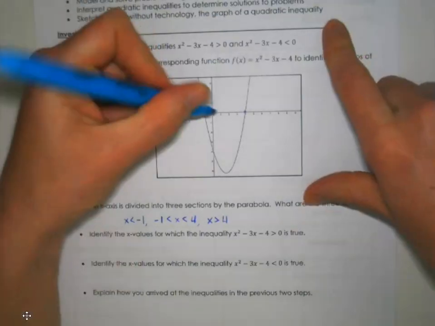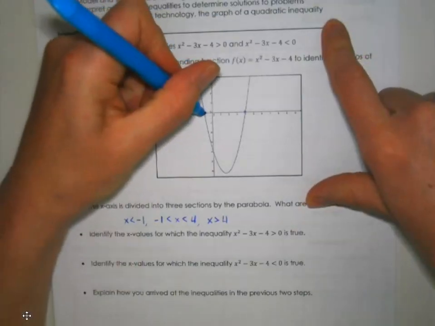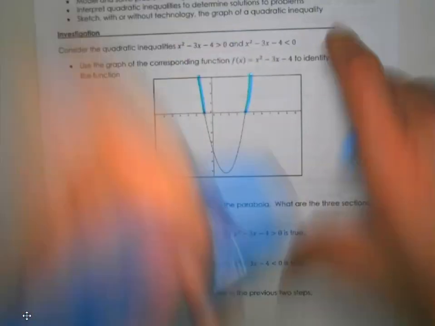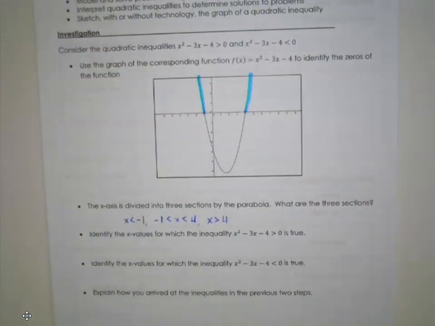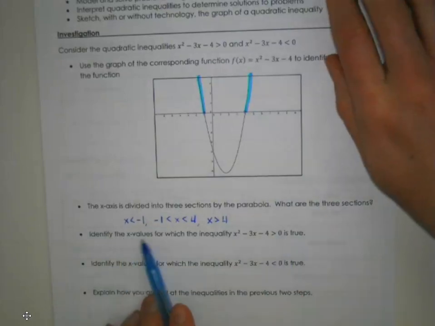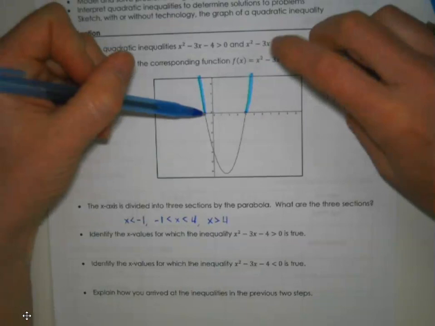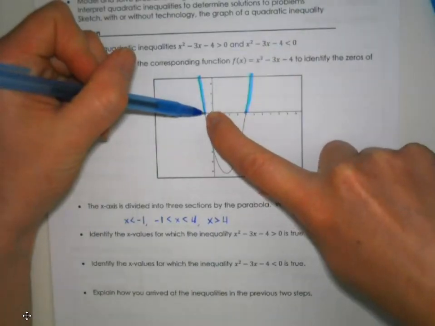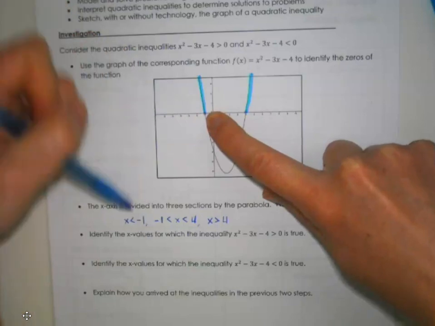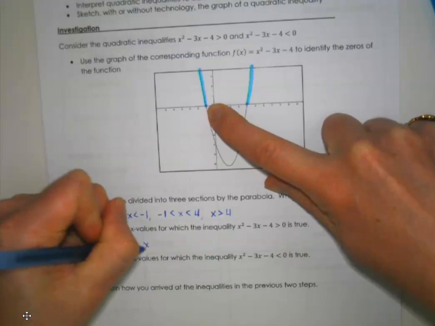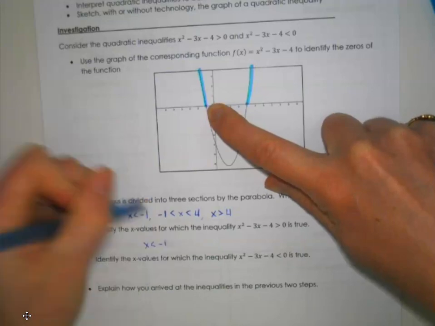So let's highlight those. For both of those sections, our graph is greater than 0. And so the x values for which that would be true would be any x value that is at -1 or less, this first inequality we looked at, so x being less than -1.